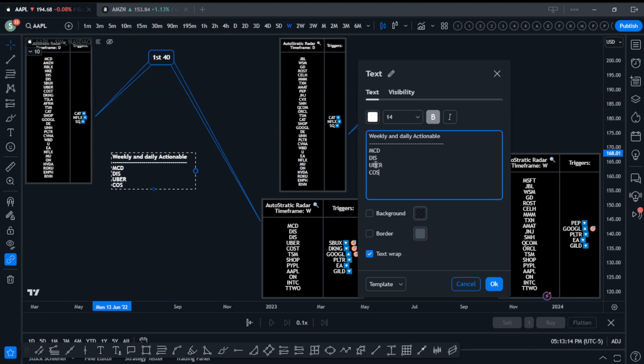Costco's. I see DraftKings. Nope. Tesla, nope. Affirm, no. TSM, no. Yep, TSM is there. Cat, no. Shop, yes.